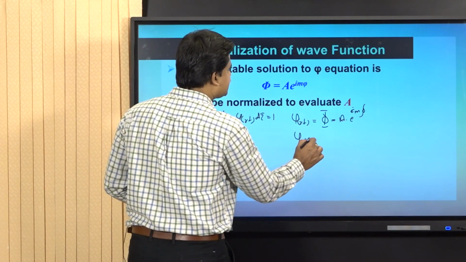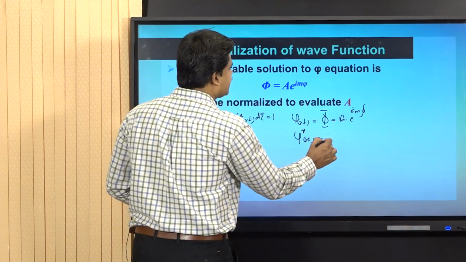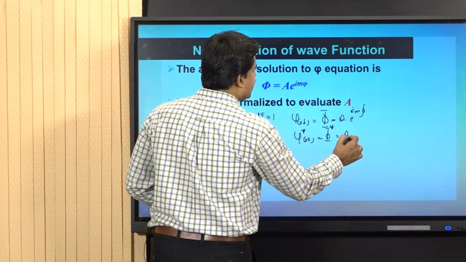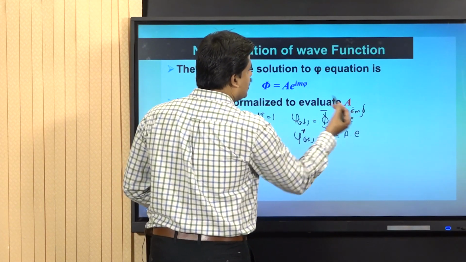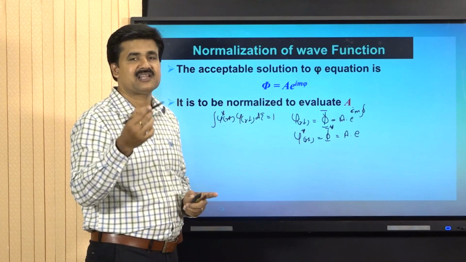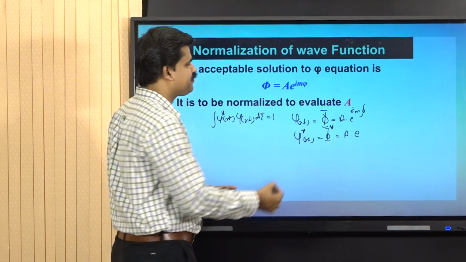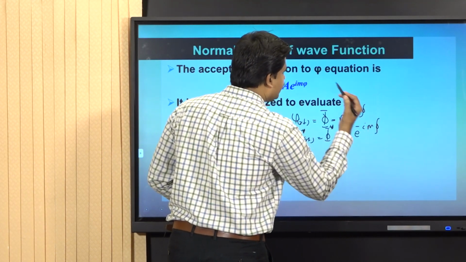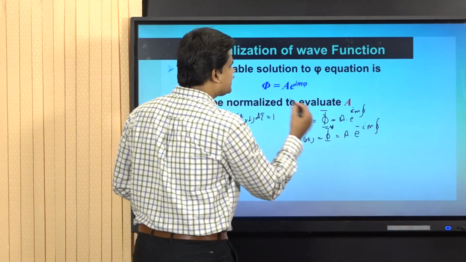And psi star of r,t, that is the complex conjugate, is equal to Phi star. That is equal to A into e raised to, in order to get the complex conjugate, what we have to do is replace i with minus i. So, I got e raised to minus im phi. This is Phi and this is Phi star.